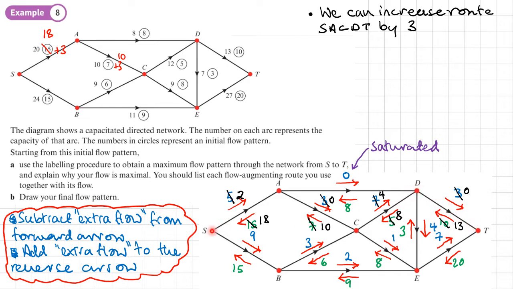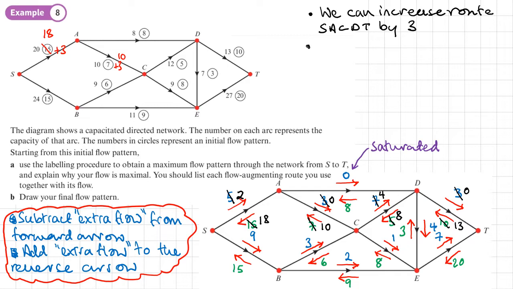So S, B, C, D. And then if I go along here, that's an increase of 4 and then 7. So S, B, C, D, E, T has 9, 3, 4, 4, 7. I can increase my flow by 3. So that's the route I'm going to take.